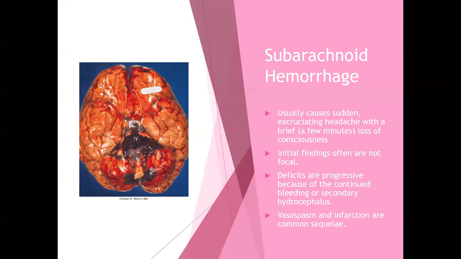The deficits are progressive because of continued bleeding or secondary hydrocephalus, which puts pressure on the brain. Vasospasm and infarction are common sequelae, which are following events of a subarachnoid hemorrhage. So remember, the arachnoid is that middle membrane, and so this is bleeding between the arachnoid and the pia mater, and you can see how that would build up and put pressure on the brain.